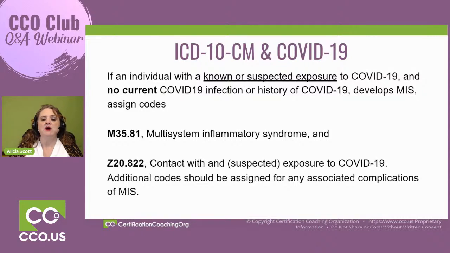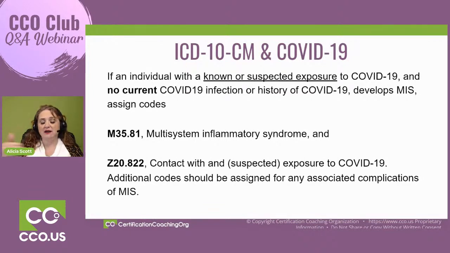Okay, now let's talk about when we know or suspect exposure to COVID, but they don't have a current COVID infection and they get MIS. Then what are we going to do? Well, of course, we've got our M35.81, that's our MIS, and then you could use the Z20.822 because they've been a suspected contact or exposure.